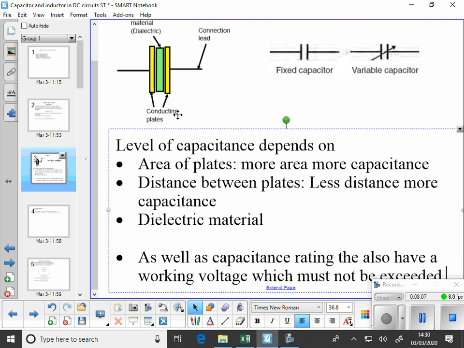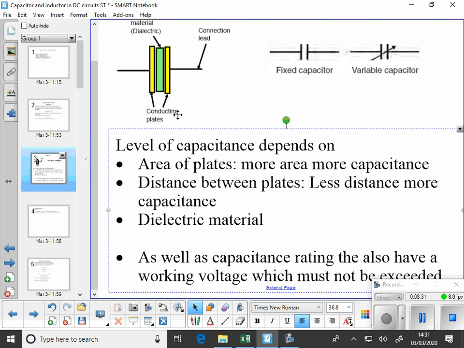So, you know, don't put excessively high voltages on. You'll buy, say, a 1 microfarad 30 volt working capacitor. That means you'll get 1 microfarad of capacitance, but its maximum working value is 30 volts. Where you've got to be careful is in AC circuits: the working voltage must not be exceeded by the peak.